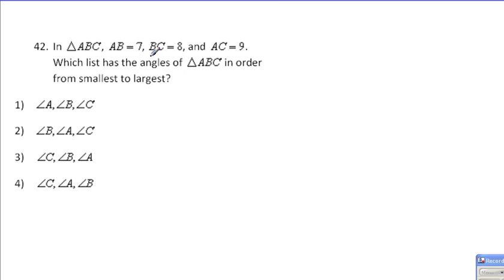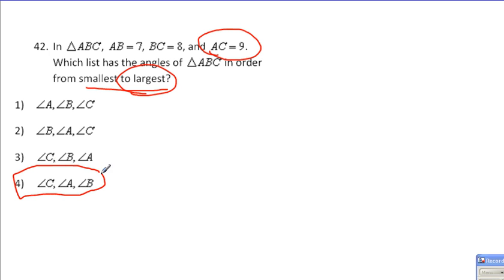All right, the next one. Three sides are given. Smallest to largest. Of course, the largest is opposite the biggest angle. The biggest angle to line segment AC must be angle B. So angle B has to be all the way at the end. This should be our answer.